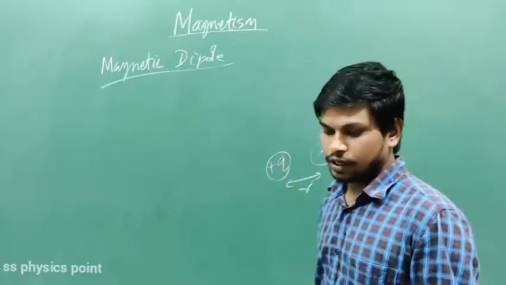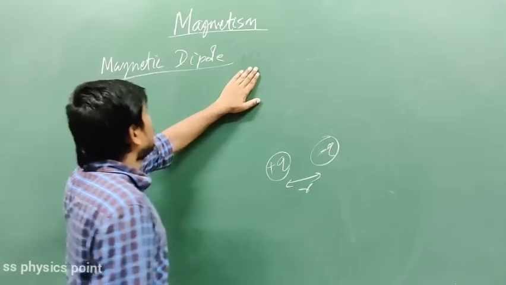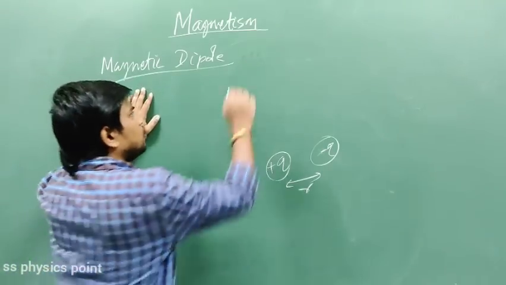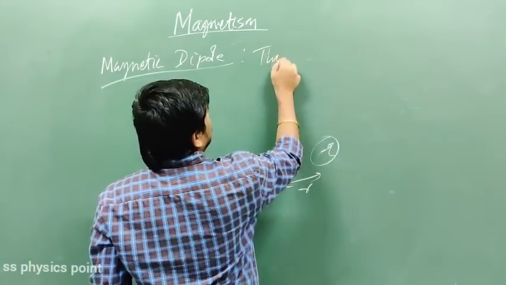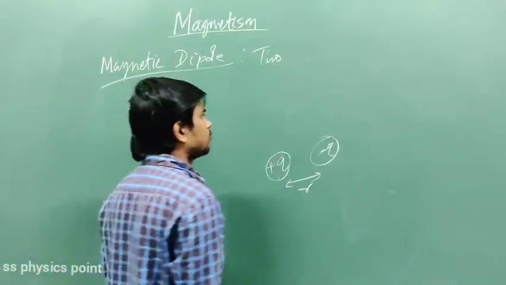Here also you can write: two equal and opposite. Just replace charge with pole, magnetic pole.